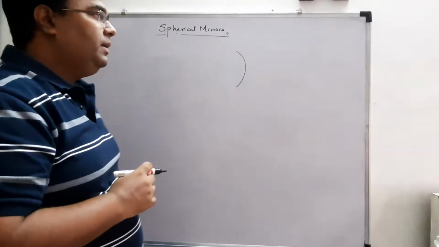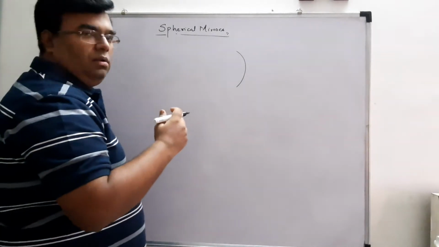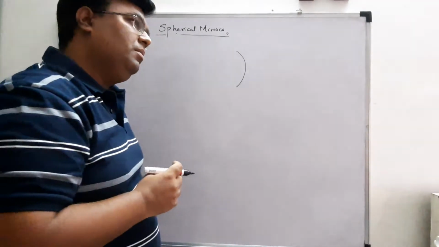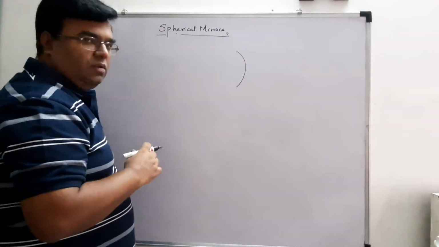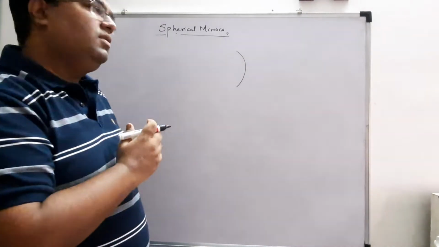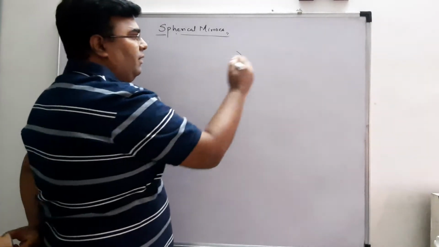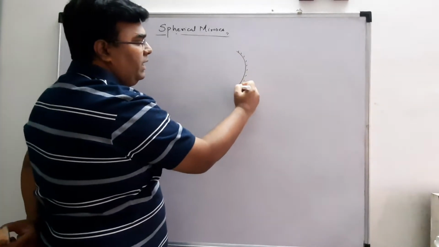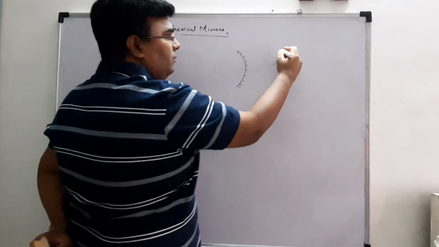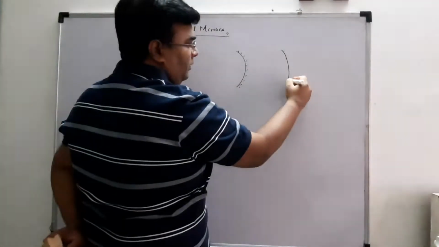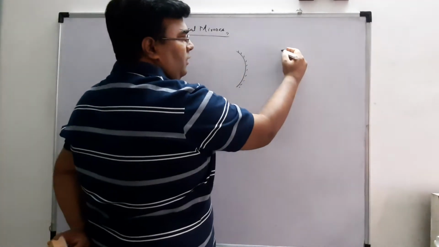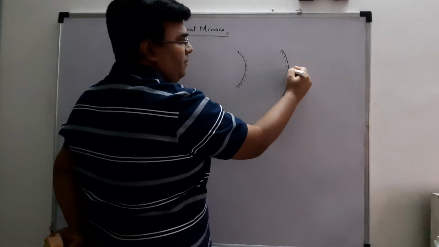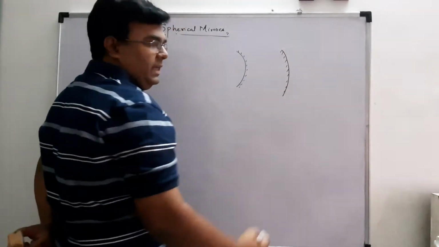object. Here also we can polish one surface, but there are two ways of polishing this curved surface. Either we can polish it from outside, or, let's make another curve, we can polish from inside.